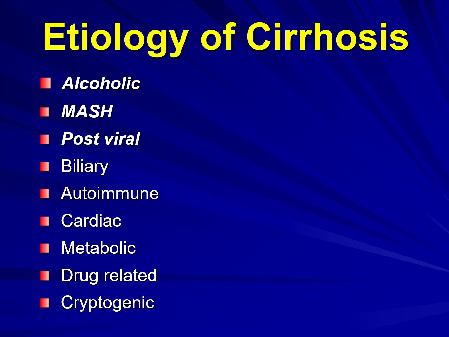Patients with heart failure can develop what we call cardiac cirrhosis. There are some metabolic causes such as Wilson's disease or hemochromatosis. We discussed those. Drugs can cause liver cirrhosis, for example, methotrexate. And when we don't find any cause of liver cirrhosis, we call it cryptogenic.